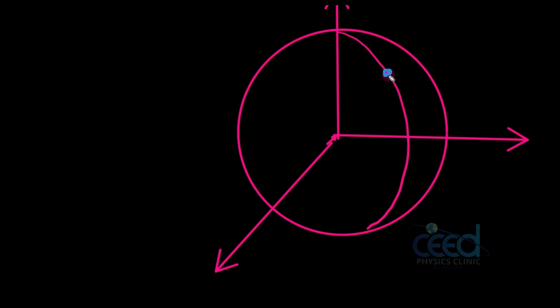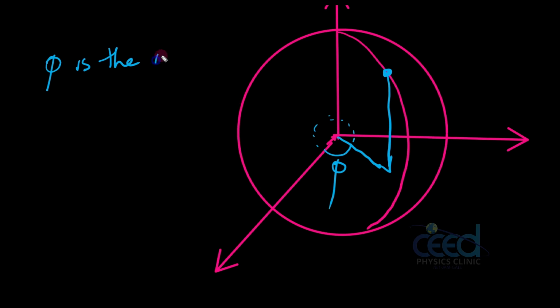Okay, now what is the maximum value of phi? If you draw a perpendicular like this, what is the maximum value of this phi? This phi can rotate like this. Phi is defined as the maximum angle to the point from the x-axis.